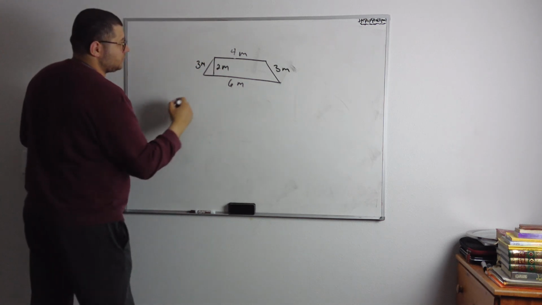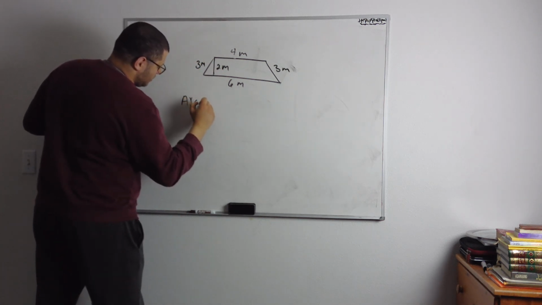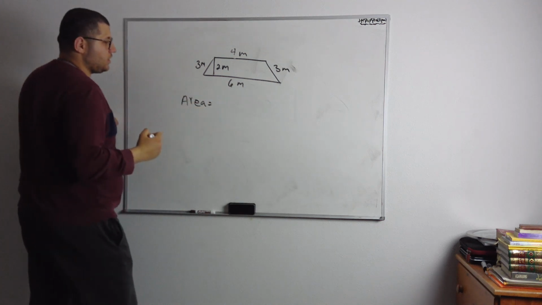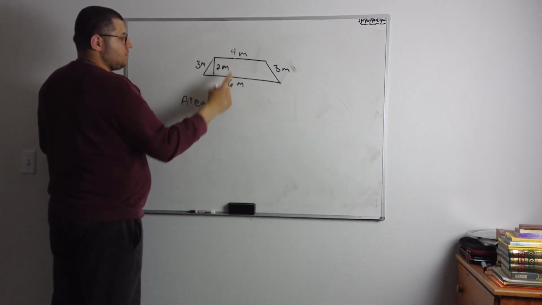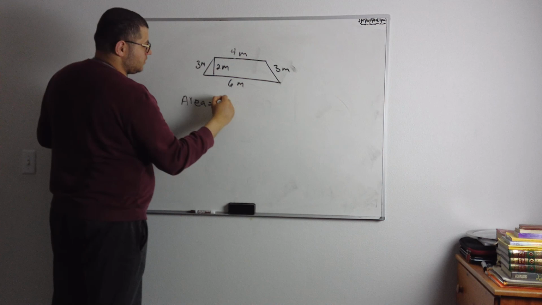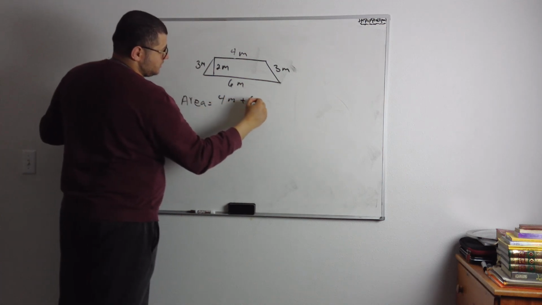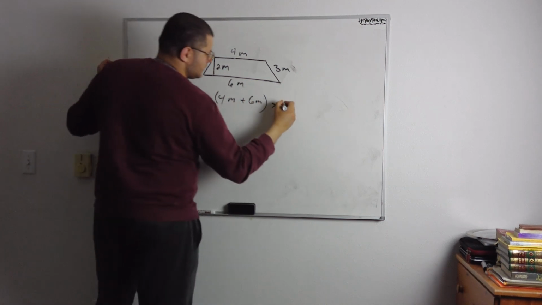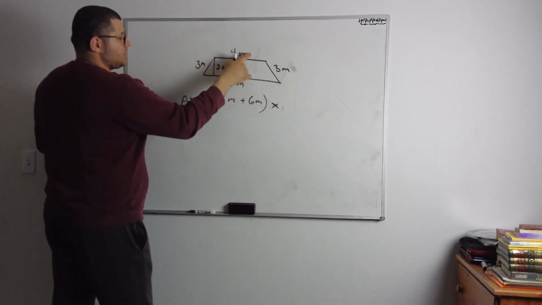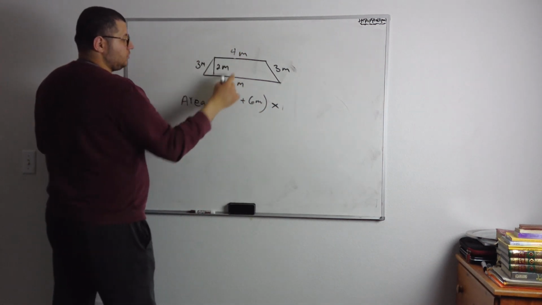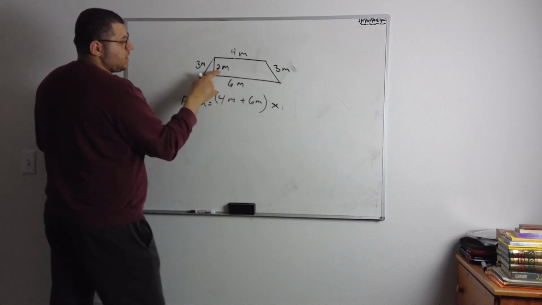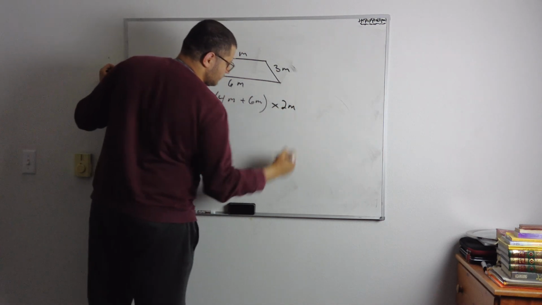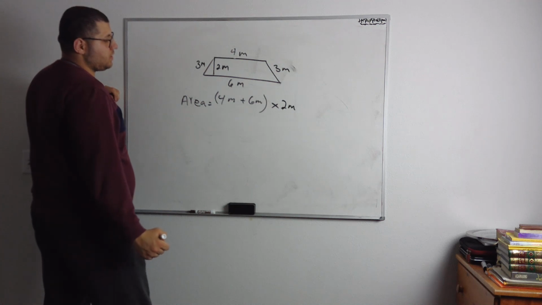Okay, let's find the area. How do we find the area? Take the two bases and add them. So 4 m plus 6 m, this is base 1 and base 2. Then multiply by the height. What's the height? 2 meters. Then what do we do after that?